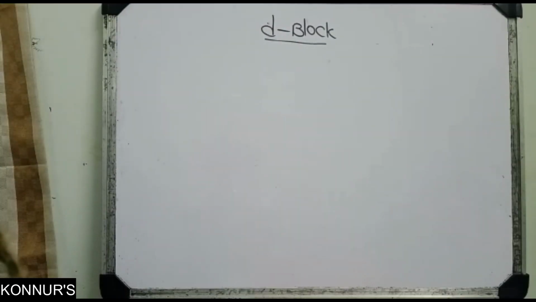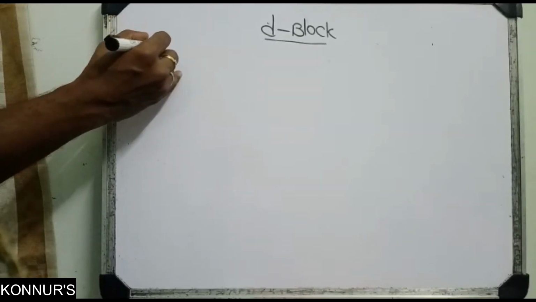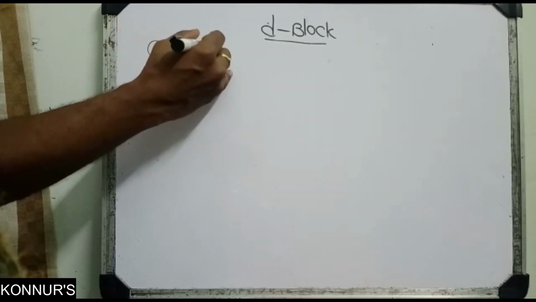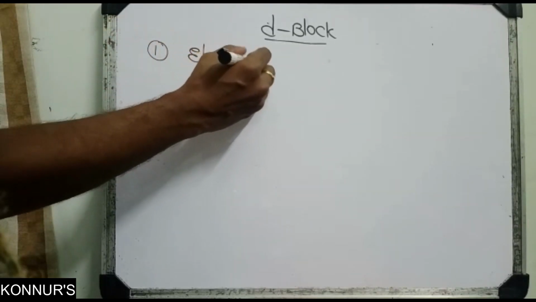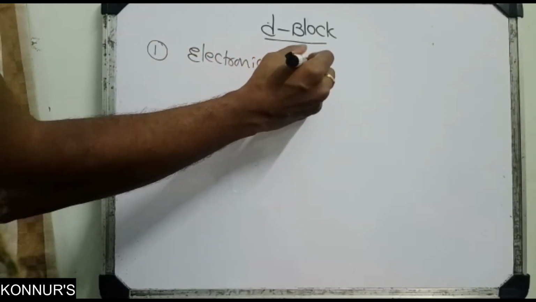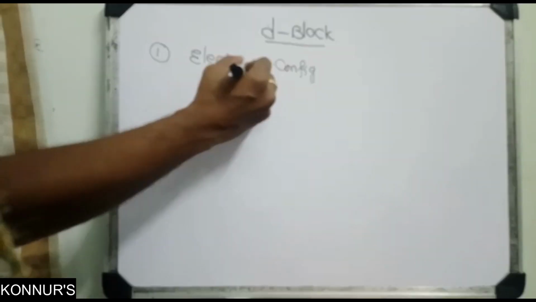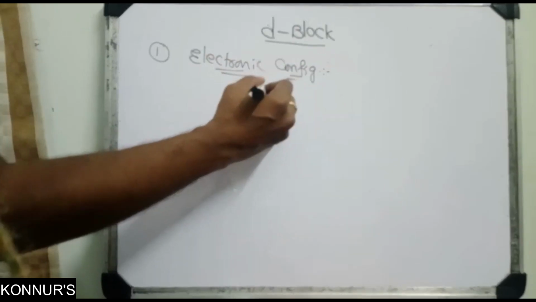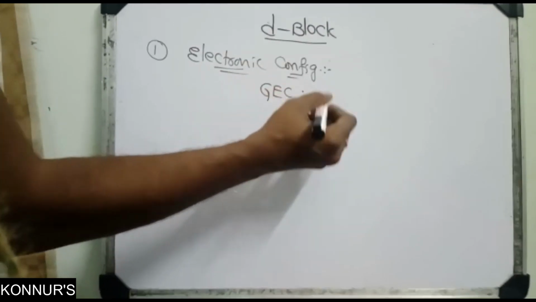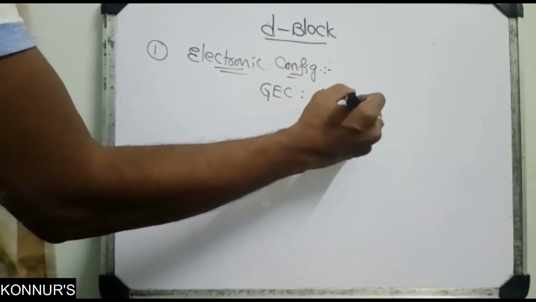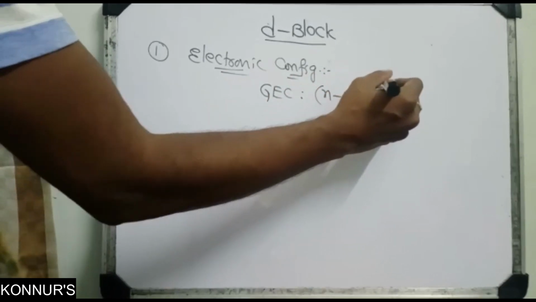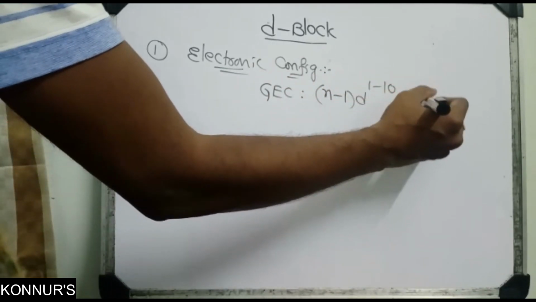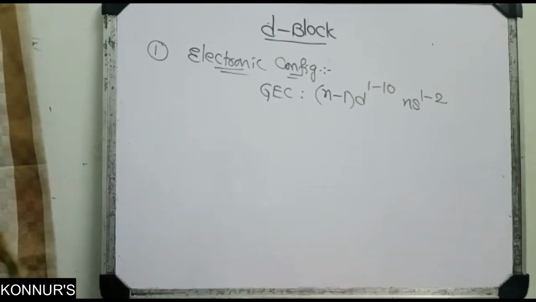Next, we see some properties of D block elements. First one, electronic configuration. The general electronic configuration is (n-1)d 1 to 10, ns 1 to 2.